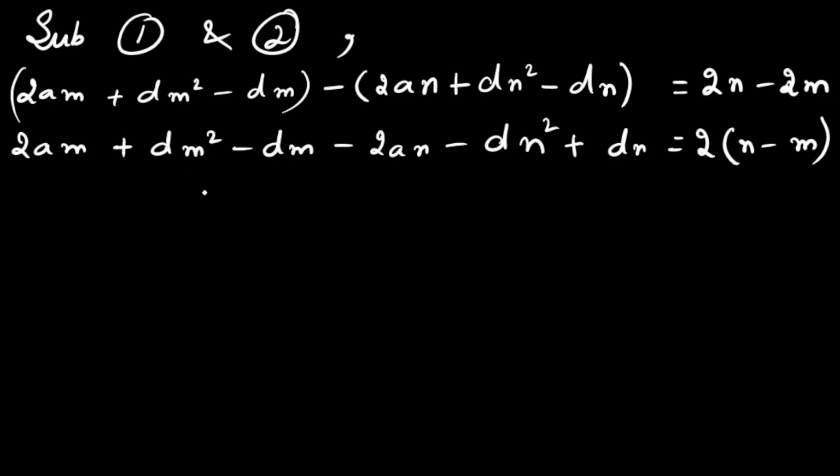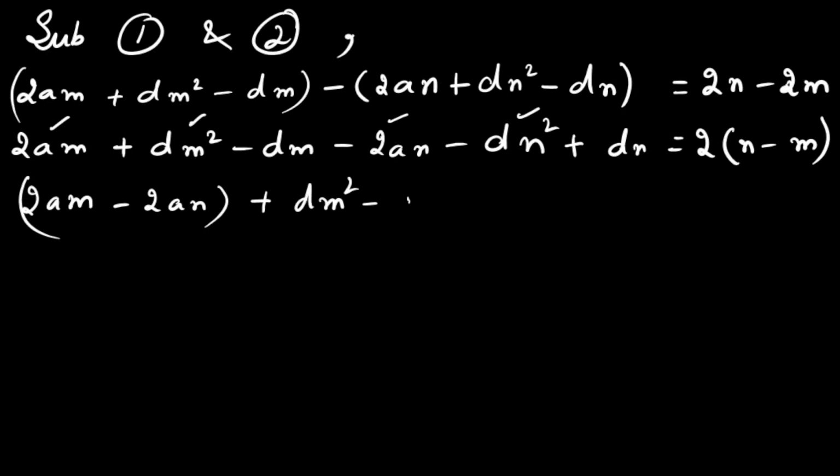Now we'll see whichever terms we feel we can take out some common factors and pair them. So 2am and 2an are of the same kind, so I'll just write them together: 2am minus 2an. I'll just pair them up. Plus these terms are of the same kind, dm square and dn square. This also let me pair them: dm square minus dn square.